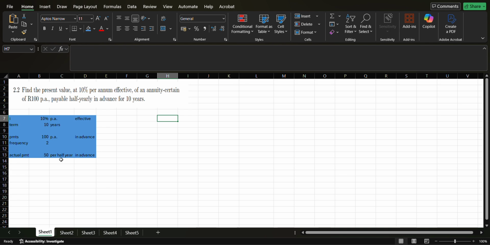In order to calculate this annuity, I would put equal to 100 Rand times, okay, I'm gonna put brackets. So 100 Rand times 1 minus 1 plus the annual effective interest rate, which is this cell, to the power of minus the term in years, which is 10 years, all over the nominal effective rate.